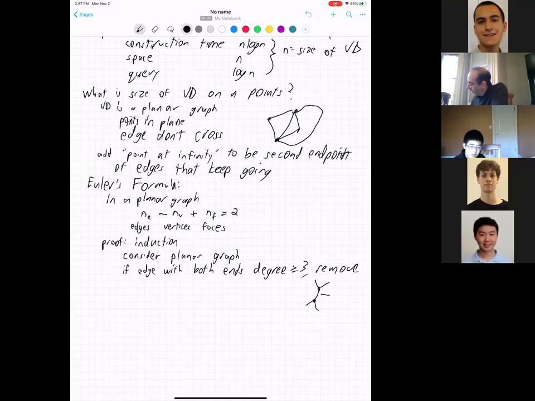I can remove such an edge. Now, when I do that, what does it do to the quantities n sub e, n sub v, and n sub f?